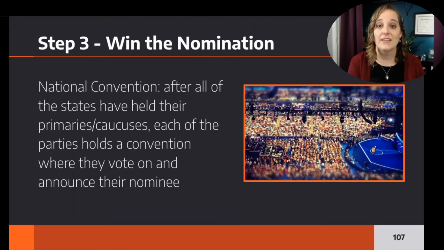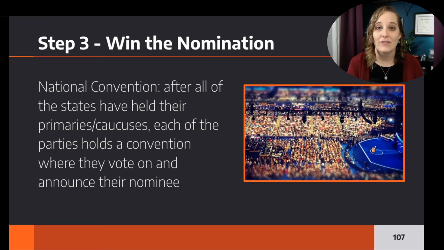Once all of the delegates have been won, then a candidate will win the party's nomination. The party has a big convention in the summer right before the election. And at that convention, the delegates from all around the country come together and they announce who they are voting for, who they are representing, who they want to be the party's candidate for the general election.